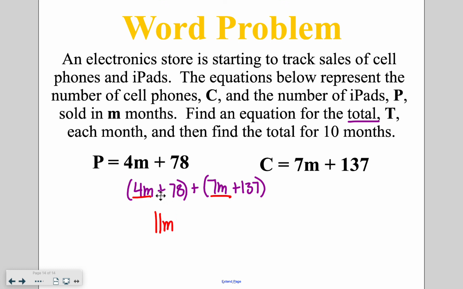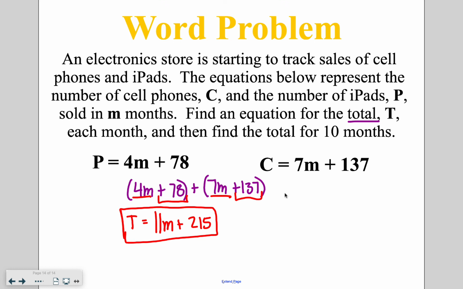And then I've got 78 plus 137, which is going to give me an answer of plus 215. So that would be my equation of total equals 11m plus 215. Go ahead and find the total sales for 10 months on your own.